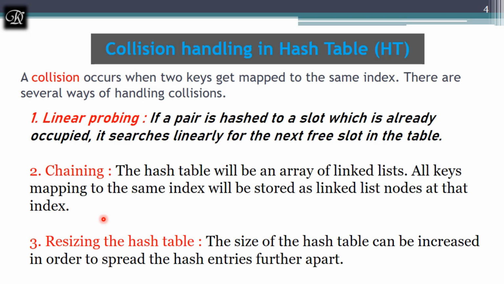Chaining is not there in the experiment statement. We are going with linear probing, but still we'll see another technique also, resizing the hash table. The size of the hash table can be increased in order to spread the hash entries further apart. If there is a requirement for more entries, we can resize the hash table, which should be dynamic. These two are slightly complex techniques, and linear probing is the easier technique, which is the one for the experiment according to the question.